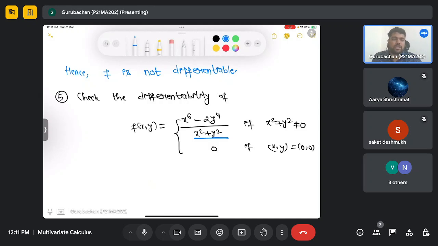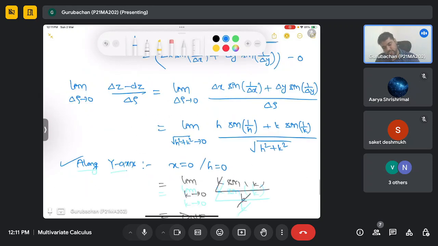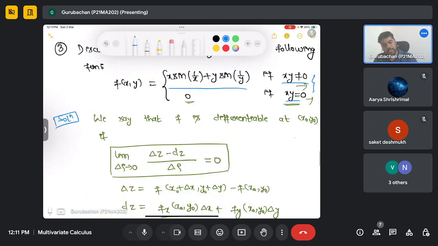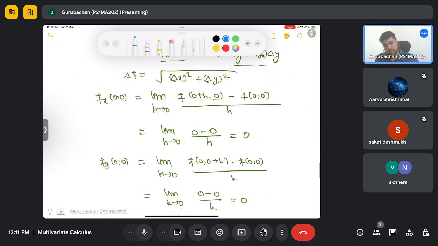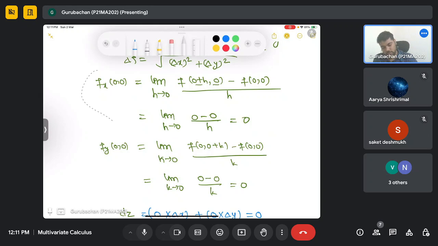Again, to check the differentiability, we first need to calculate its partial derivatives at 0, 0. After that, we will check whether this limit is going to 0 or not. If it goes to 0, then our function is differentiable. If it does not go to 0, then our function is not differentiable. So let me change this color because it is a solution, not the definition.